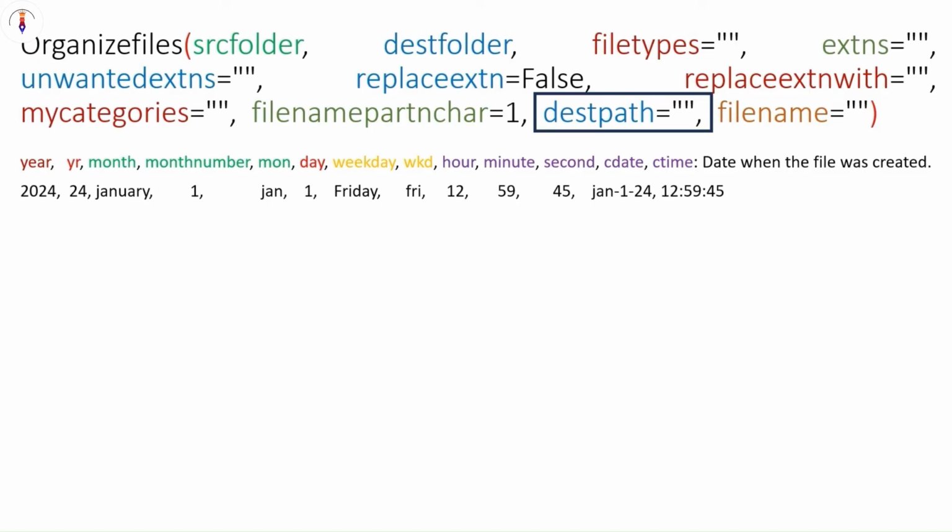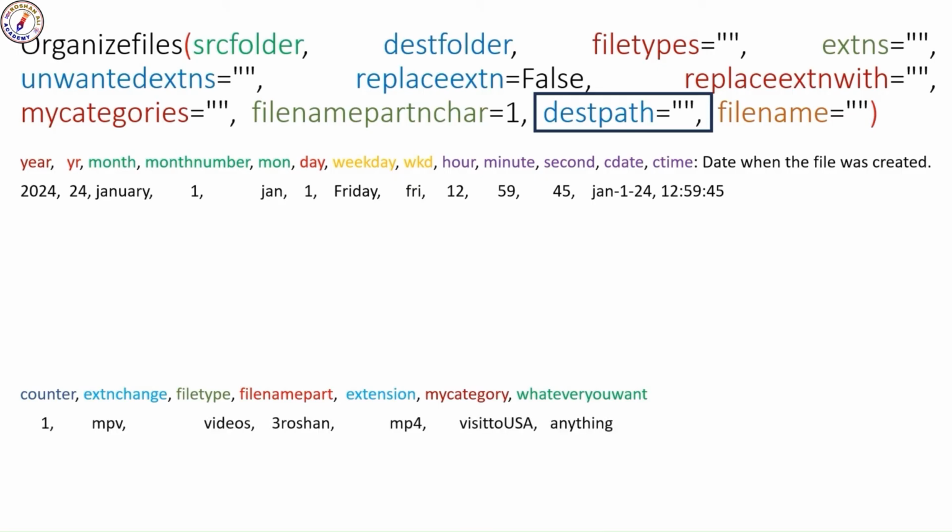CDate will create a folder with the full date in this format, and CTime will create folders with the full timestamp of the video or image. Counter will create folders according to counting. Extn change, if written inside dest path, will create a folder with the name of the value specified over here. File type will create a subfolder based on the type of file.